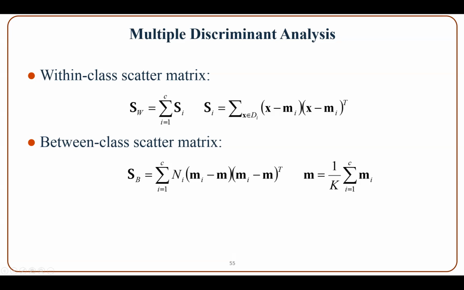M is the mean vector of the data points, and Mi is the mean vector of the data points in class i.